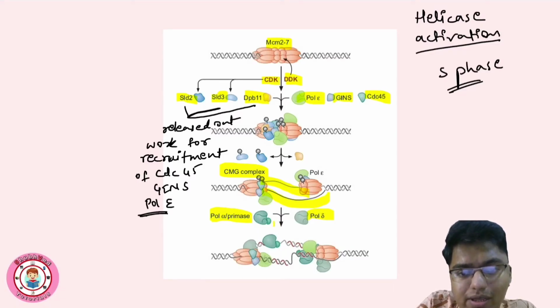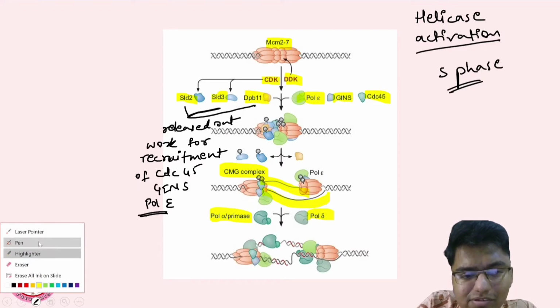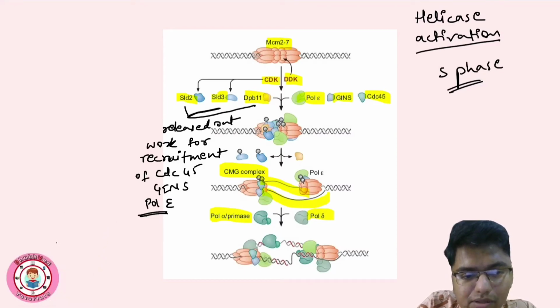We want to remember that polymerase epsilon comes first for the leading strand synthesis, before the helicase is activated. We saw that it comes with the CMG complex. When the CMG complex is formed, polymerase epsilon is also bound to the complex. As in prokaryotes, the leading strand is synthesized first, then the lagging strand.